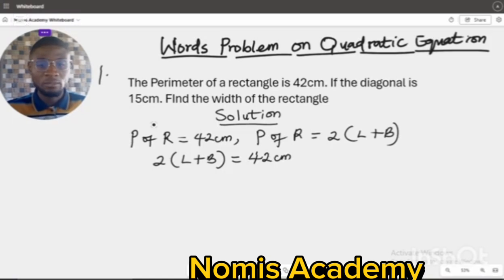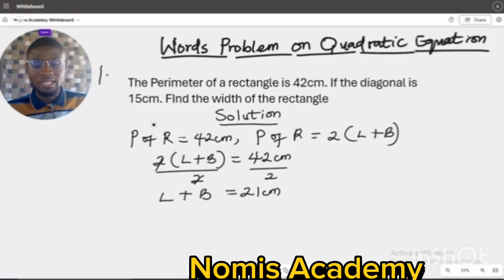If I divide both sides by 2, cancel this 2, I'm left with length plus breadth equal to 21 centimeters. This tells me that the sum of the length and the breadth of the rectangle is equal to 21 centimeters.